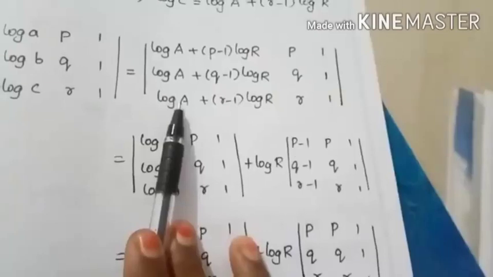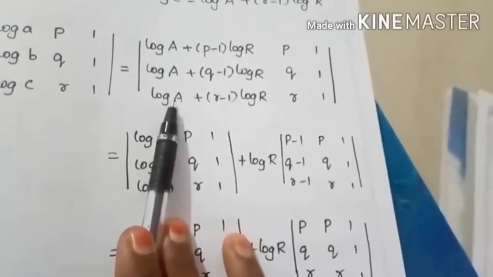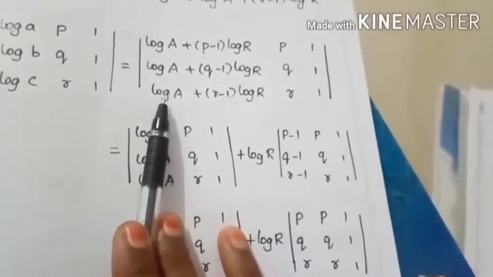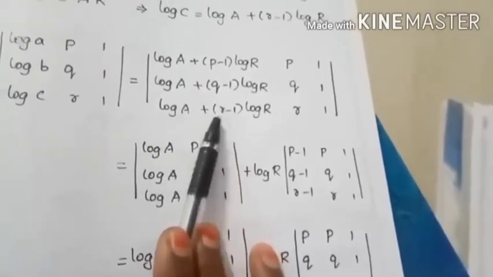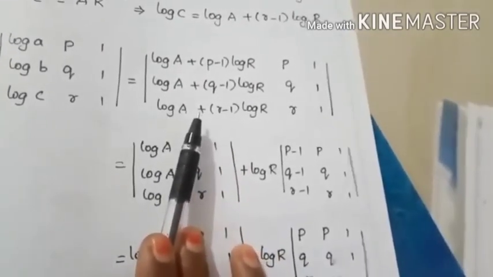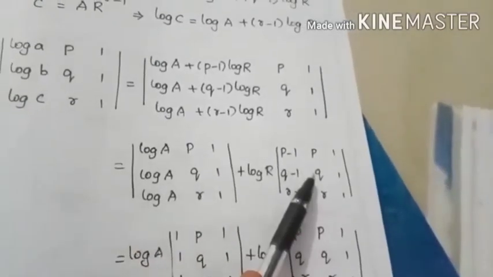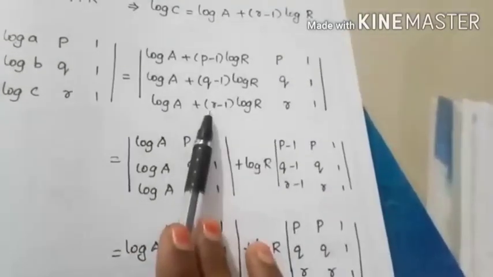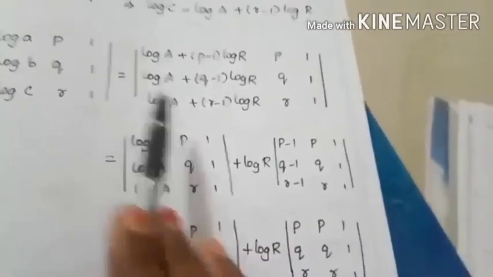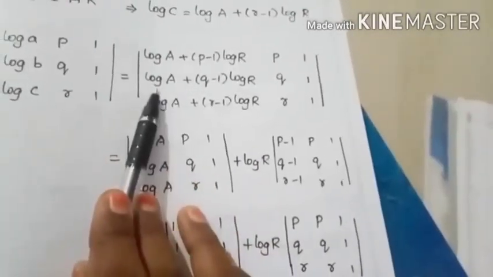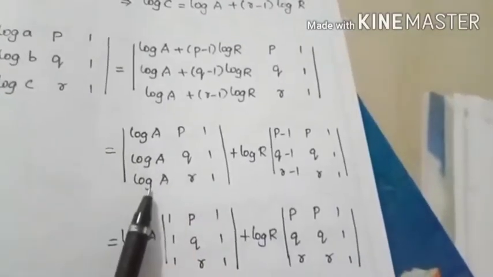So which is equal to, by the property of the determinant, in any one row or column, if every element can be expressed as a sum of two or more terms, then the determinant can be expressed as a sum of two determinants. So by this property, the first column C1 can be written as log A, log A, log A, the first element.